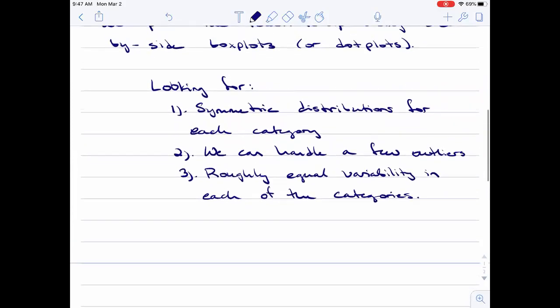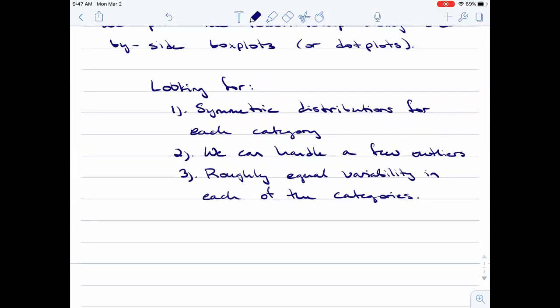Just like a transformation works if we have some sort of curvature in our data, we can transform it to make it linear. We can do transformations or re-expressions on our response variable to address mainly that third point.